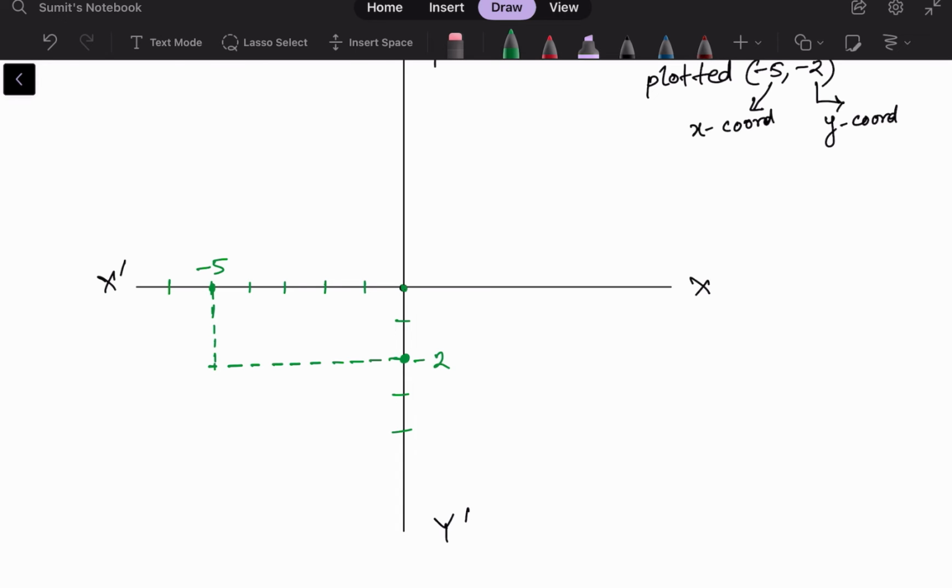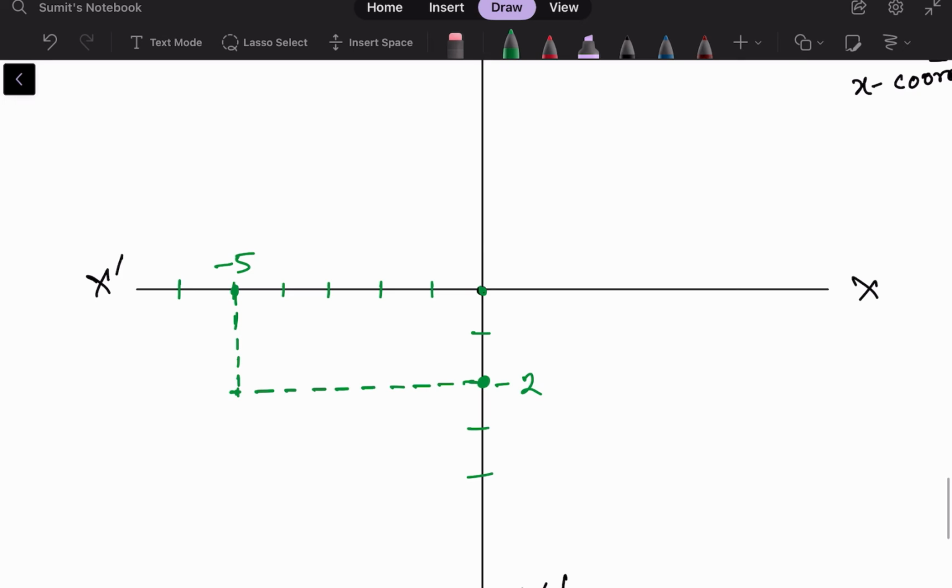Call that point P. The coordinates of P are -5 comma -2, because the x part is written first, then a comma, then the y part. That is called the address of the point P.